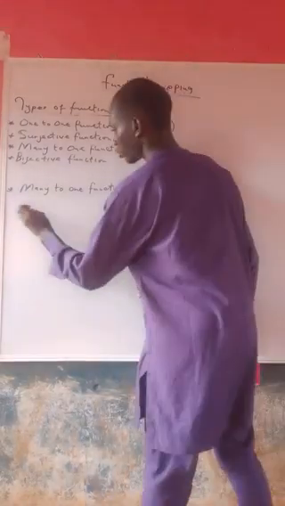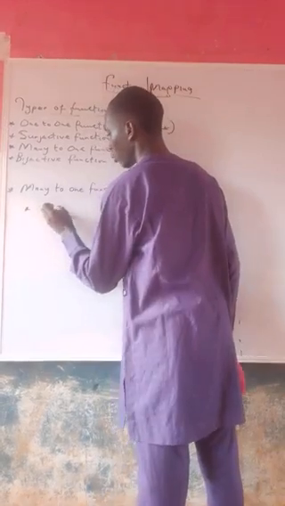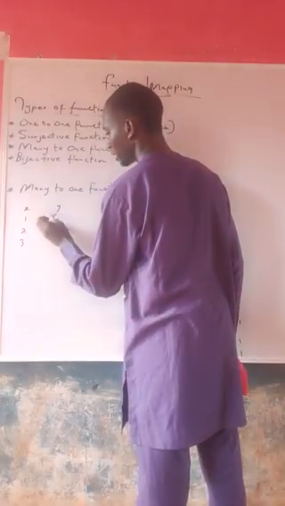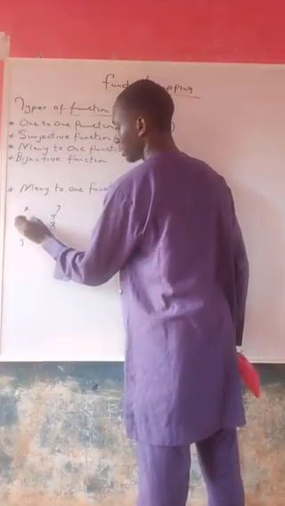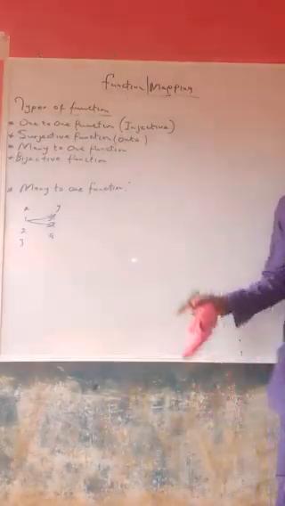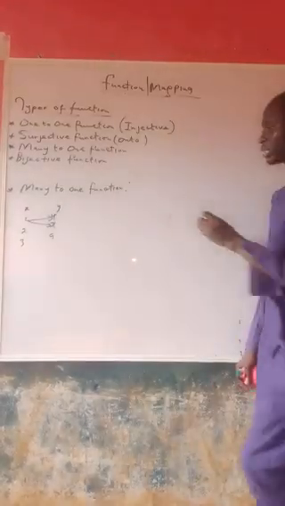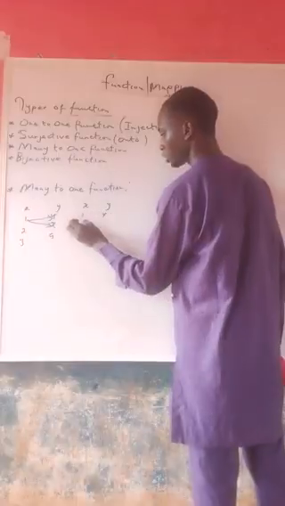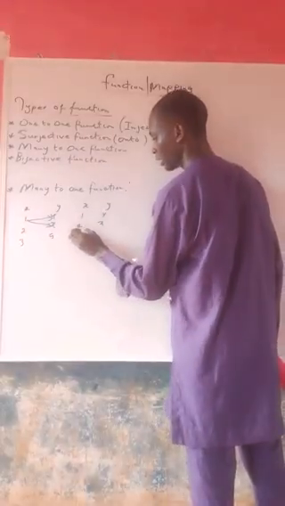This is what I'm trying to say. You're having x and y, and you're having 1, 2, 3, 4, x, a. This will never happen. This is not a function.